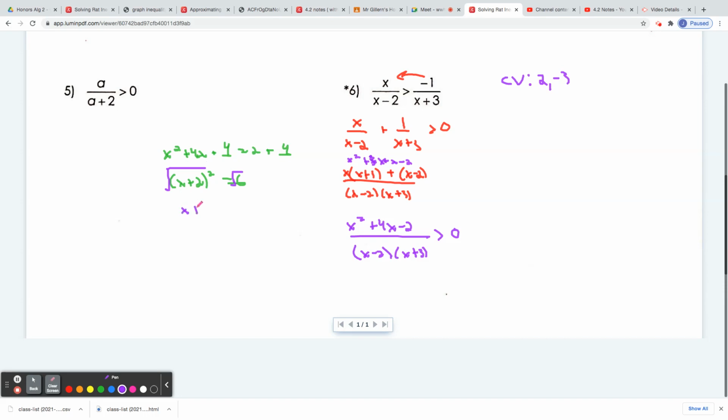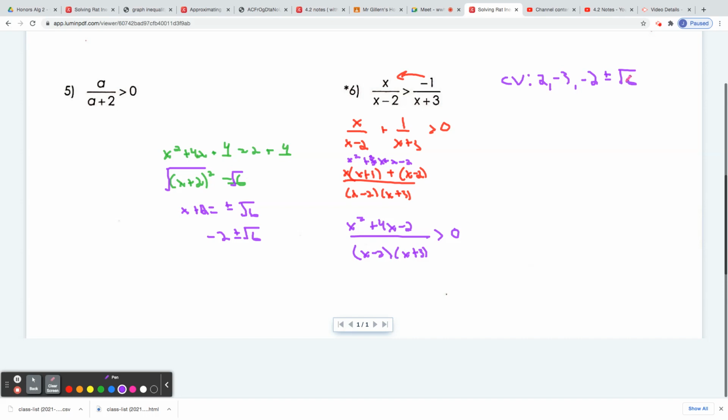So x plus 2 equals plus or minus the square root of 6, which is negative 2 plus or minus the square root of 6. All right, so those are going to be our two other critical values. So we have negative 2 plus or minus the square root of 6.